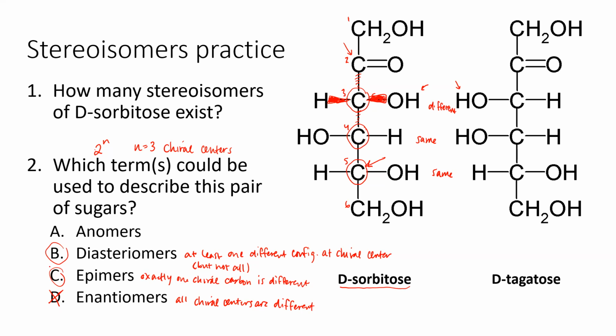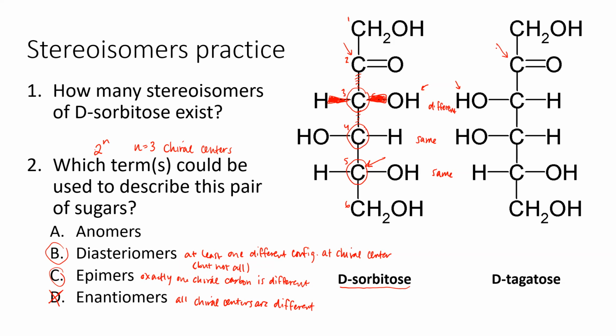Yeah, so here we have our sugars in the linear form. For our anomeric carbon, you can only have a configuration at that carbon when the sugar is closed into the ring form. Usually the anomeric carbon is the carbon that has the carbonyl group on it. So right now, that carbon is not chiral yet.